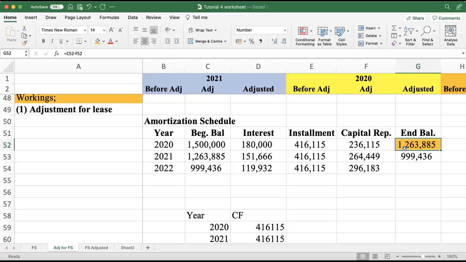You need to separate this end balance into current and non-current proportions. So how much current proportion? The capital repayment in the next year. Current proportion is capital repayment in the next year.